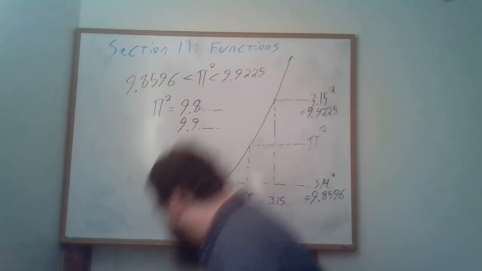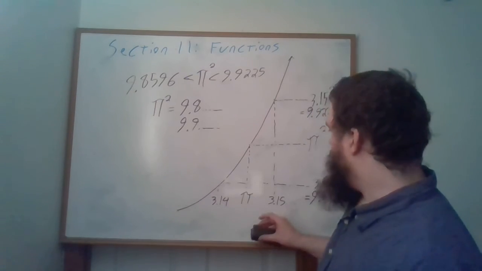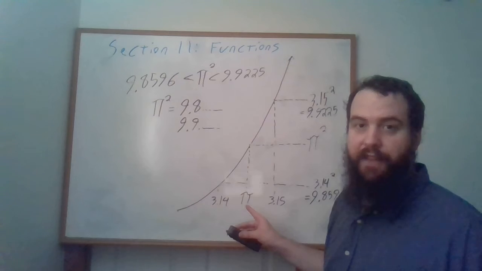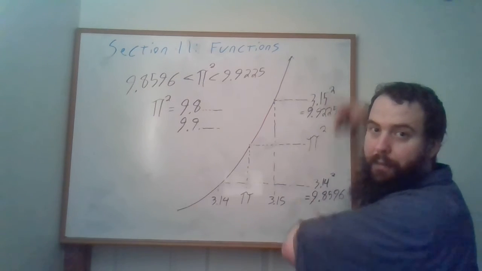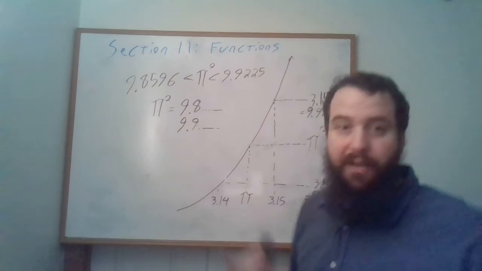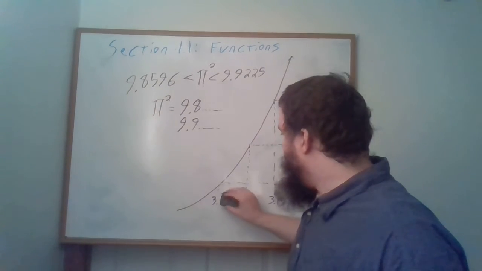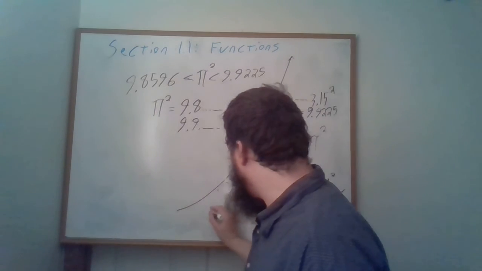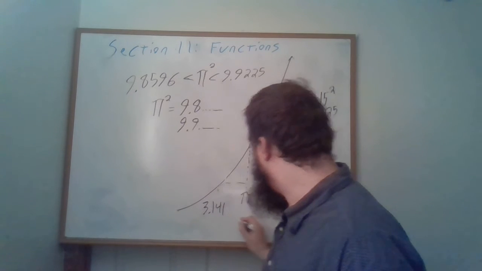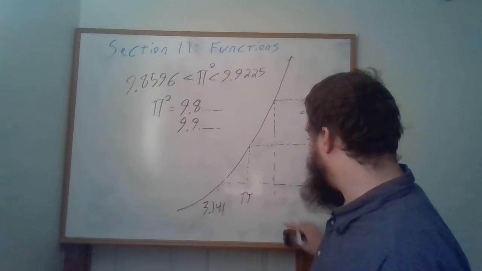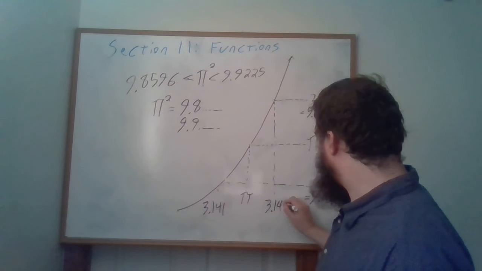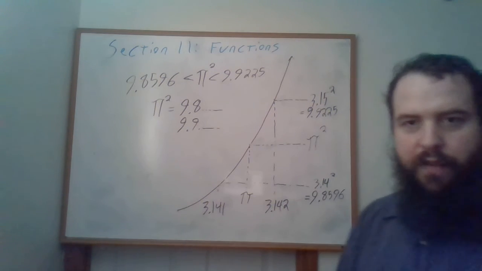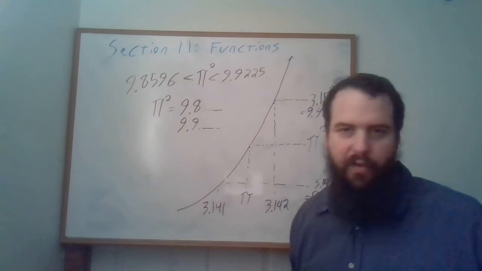I'm going to need to say, well, instead of saying that pi is between 3.14 and 3.15 and using that to figure out some upper and lower bounds on pi squared, I'm going to have to go back and try again, but this time with 3.141 and 3.142. I know that the decimal digits of pi start off 3.14159, and so on and so forth.